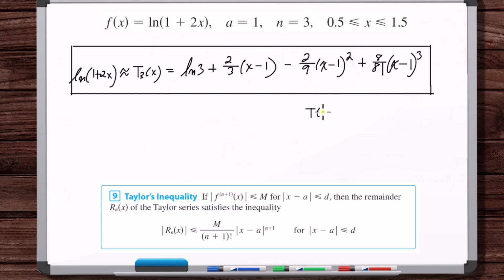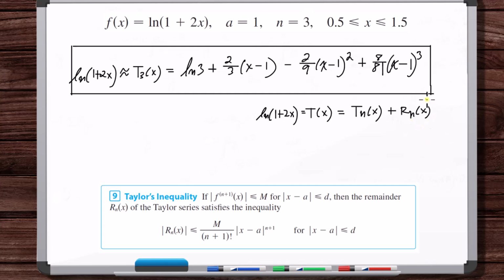So this is the function, natural log of 1 plus 2x. The Taylor series, the infinite series, is equal to the nth partial sum, the first however many terms to get to the nth degree, plus everything else in the series past the nth degree term.